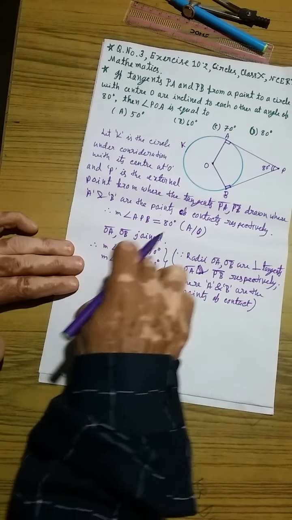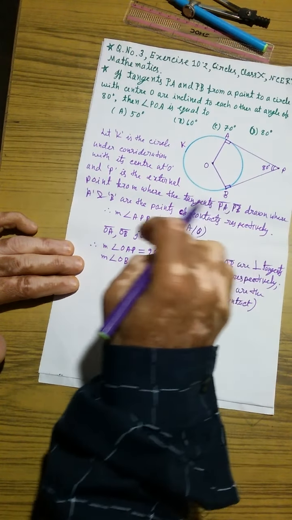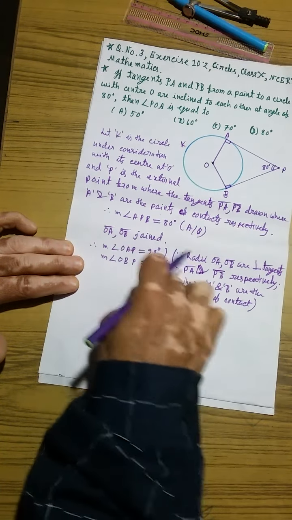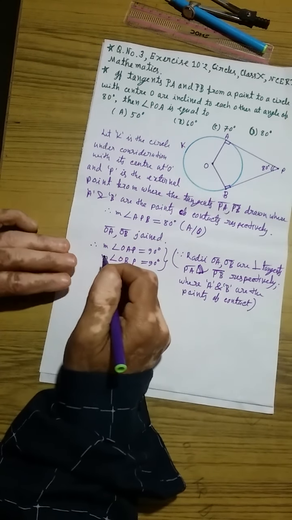So measure of the angle OAP is equal to 90 degrees, and measure of the angle OBP is equal to 90 degrees.